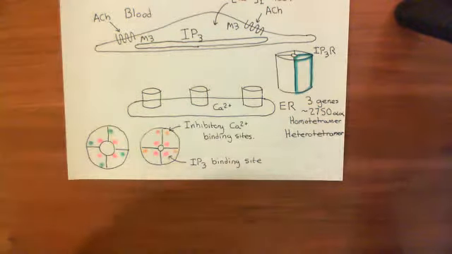So IP3 binding does not cause the receptor to open. Instead, it removes the inhibitory calcium binding site and exposes a stimulatory calcium binding site. If you want the IP3 receptors to open, all you need to do is bind calcium into these 4 stimulatory calcium binding sites.